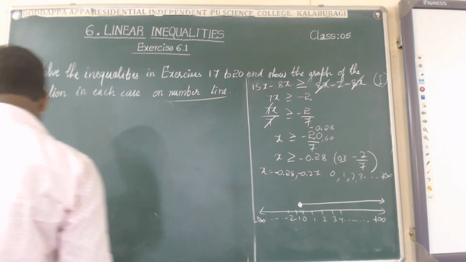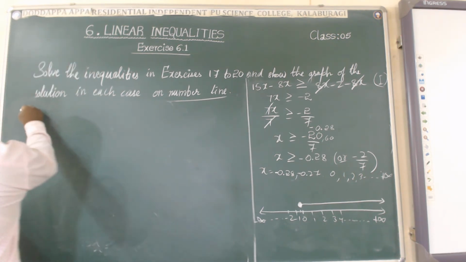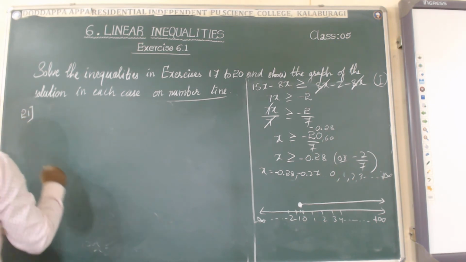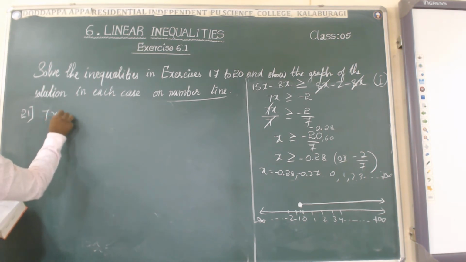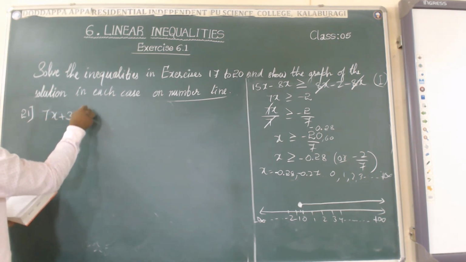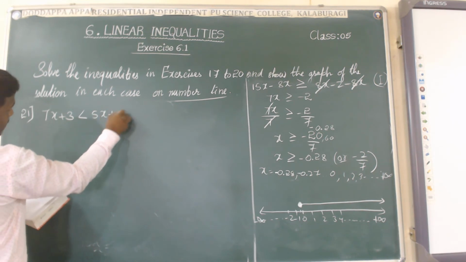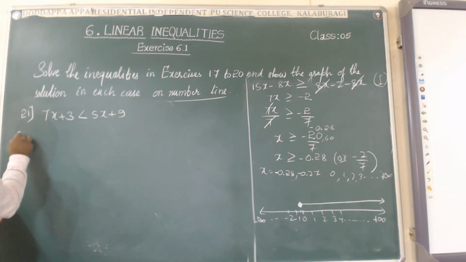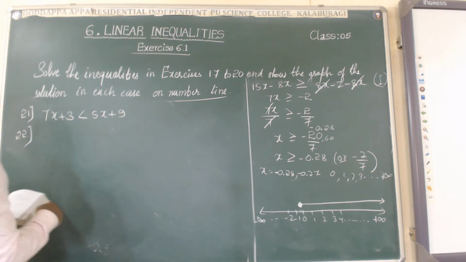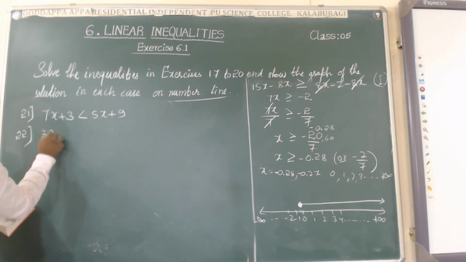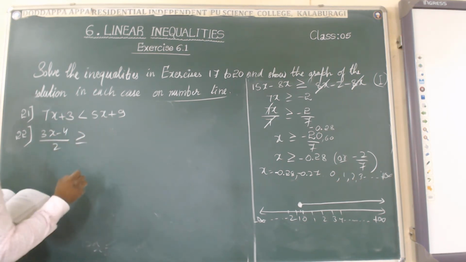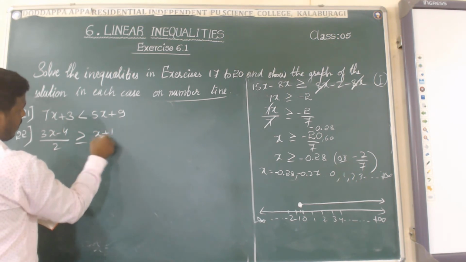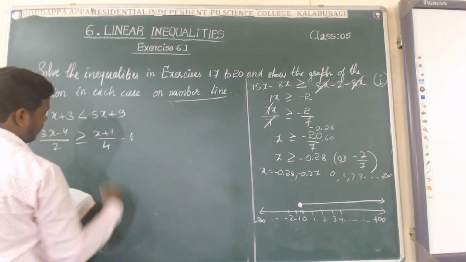That is for assignment. 21: 7x plus 3 less than 5x plus 9. 22nd one: 3x minus 4 divided by 2 is more than or equal to x plus 1 by 4 minus 1.